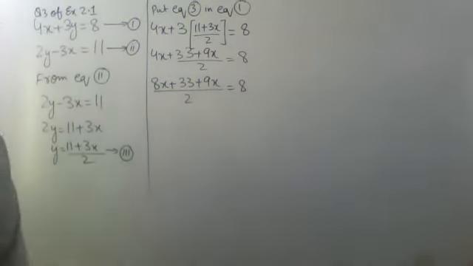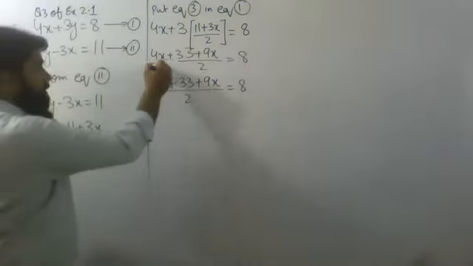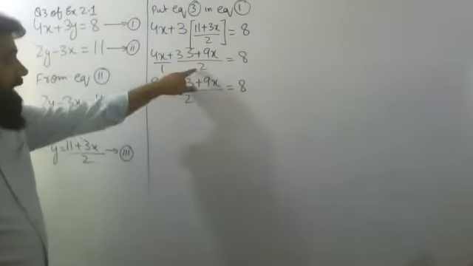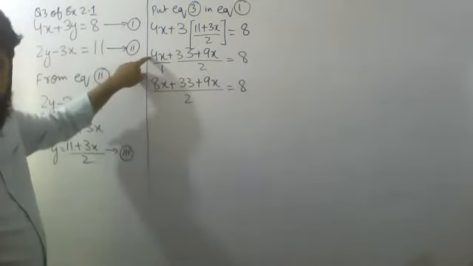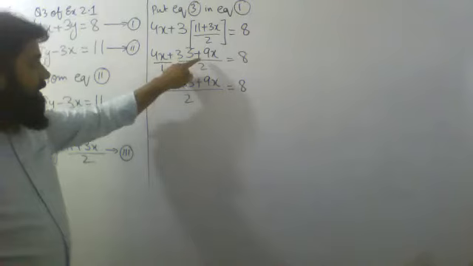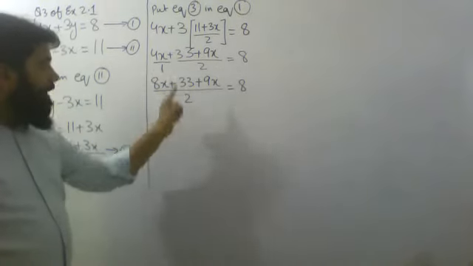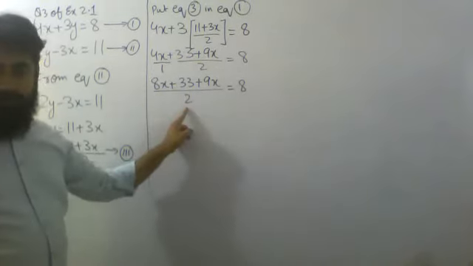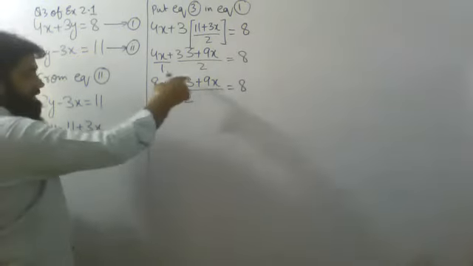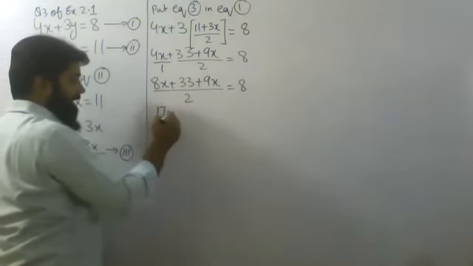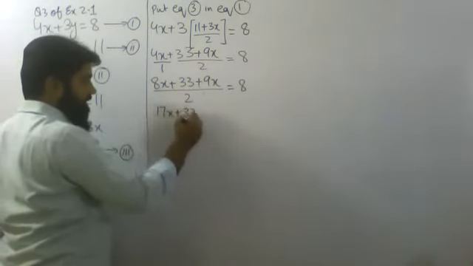How have I taken LCM, beta? Over here it was written 1. So I multiplied this denominator with this coefficient and this denominator with this coefficient, this whole thing, and then I have multiplied both denominators. Okay, 8x plus 9x will be 17x plus 33.